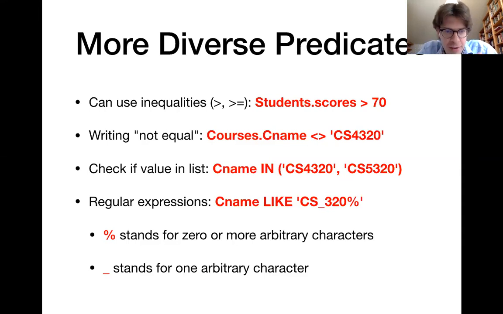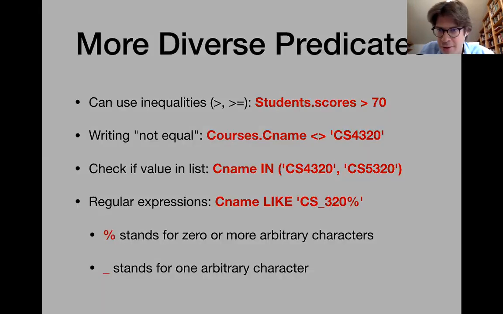You can, for instance, check if the value in one column is within a list of allowed values. And you can even formulate regular expressions. For instance, here I'm checking whether the course name matches the expression CS followed by some arbitrary sign.